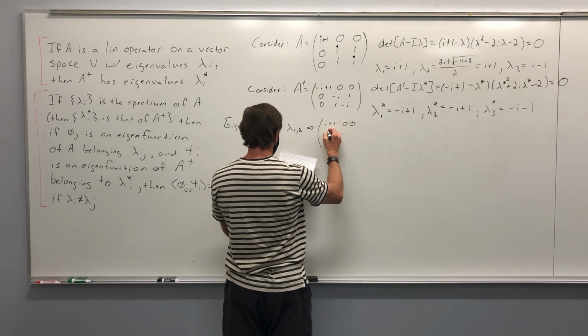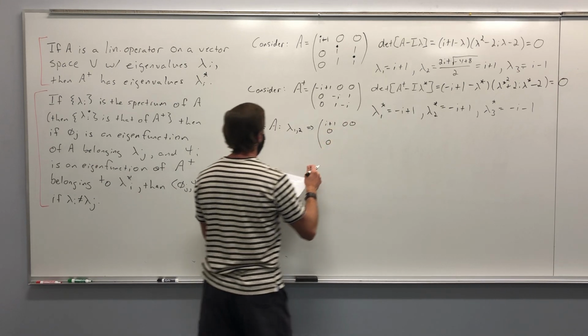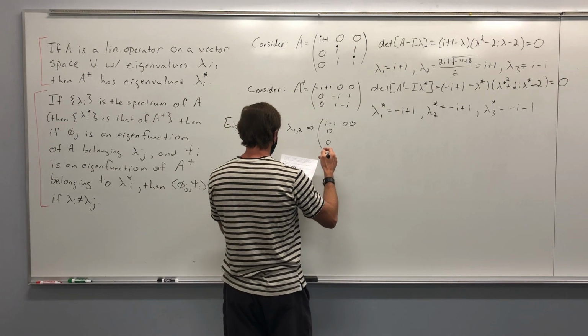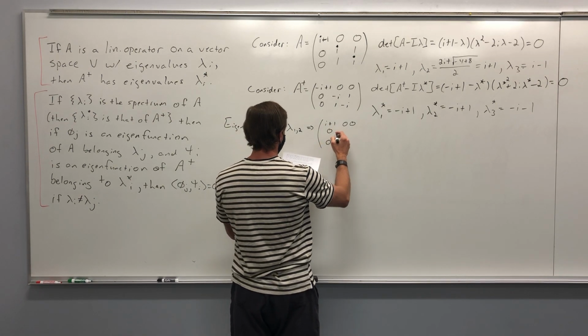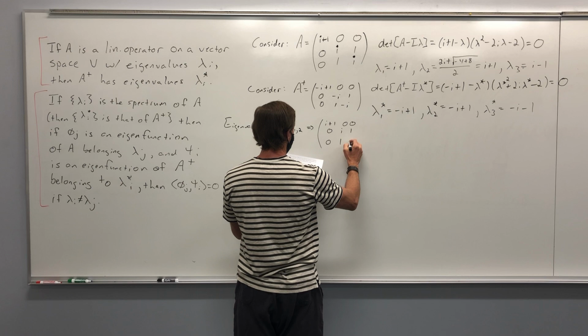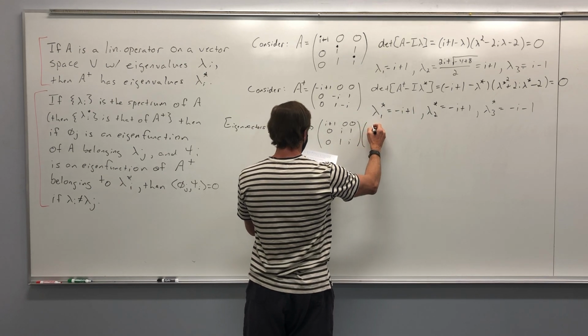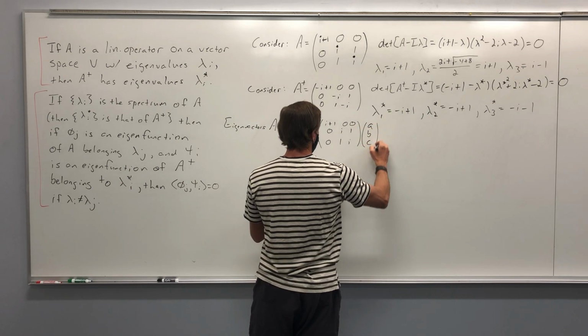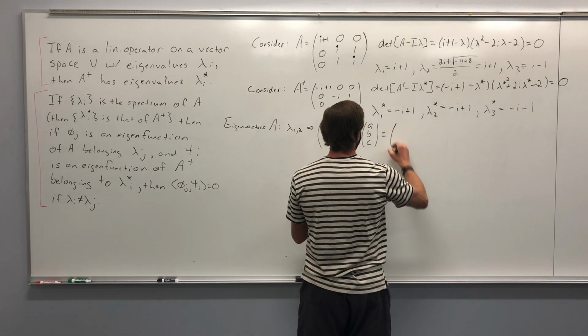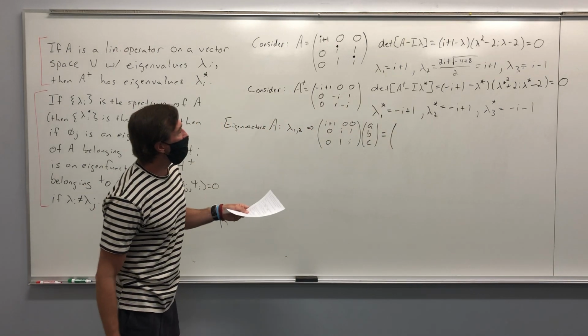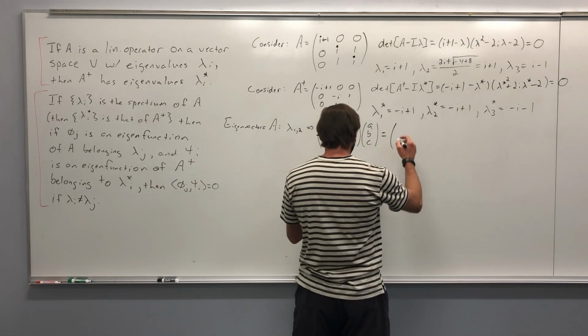We're going to take the matrix and plug in our eigenvector on the right. So we take the ABC and multiply it by I plus 1.